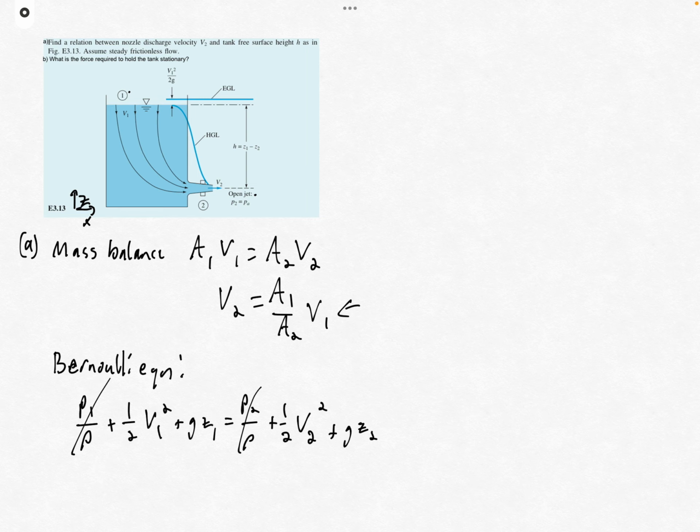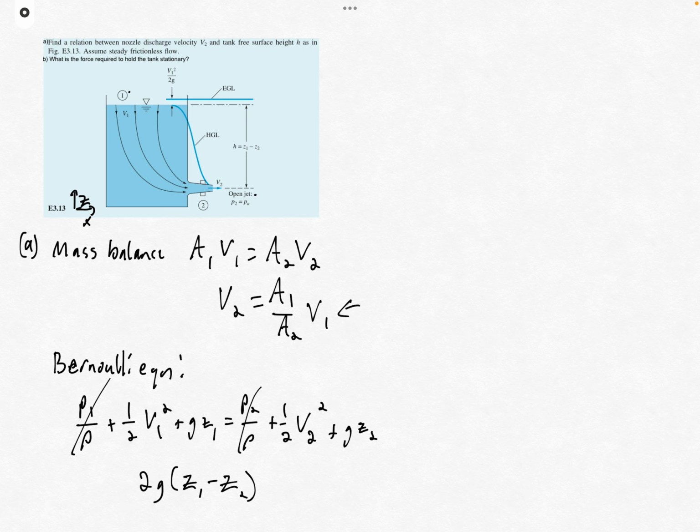So let's start plugging this in. First of all, we're going to multiply through by 2 and start gathering some terms together. We're going to end up with 2g times Z1 minus Z2.